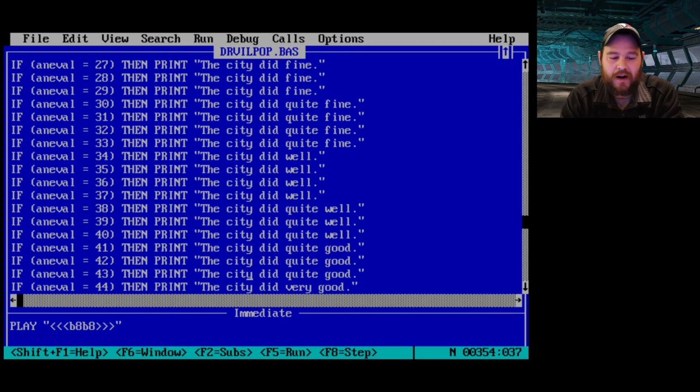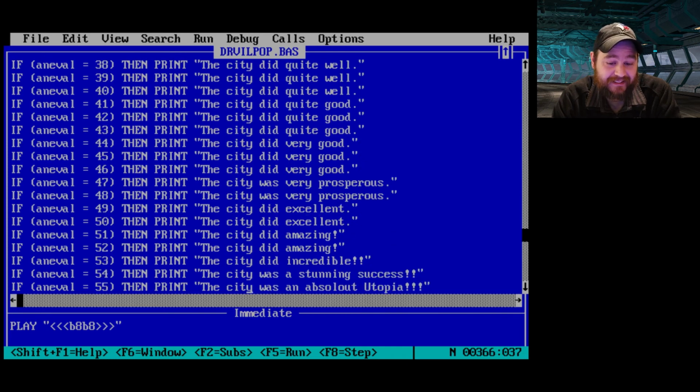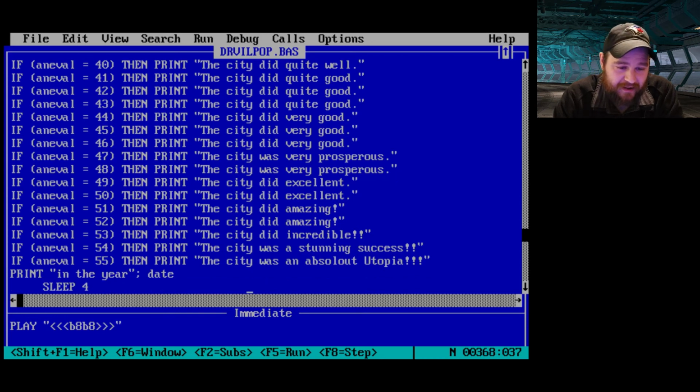So if you were 41, then your report was grammatically incorrect. Okay, the city did very good. The city was very prosperous. The city did excellent. The city did amazing. The city did incredible. The city was a stunning success. The city was an absolute utopia.